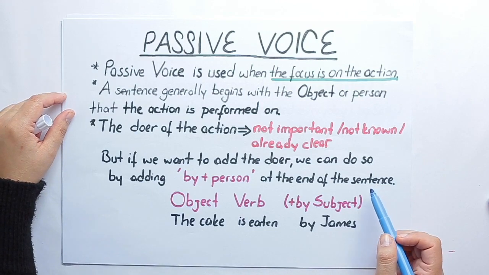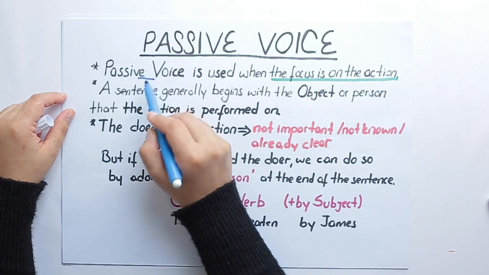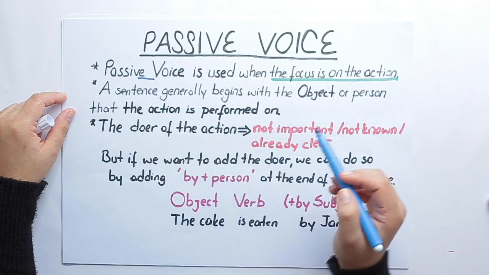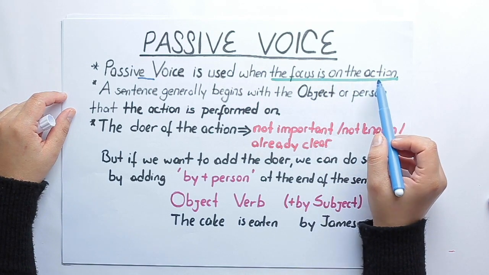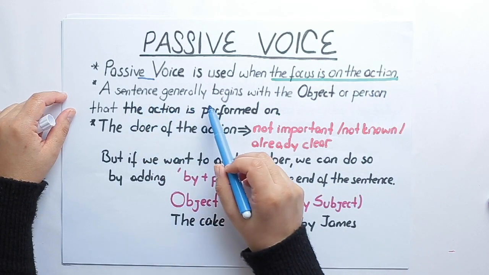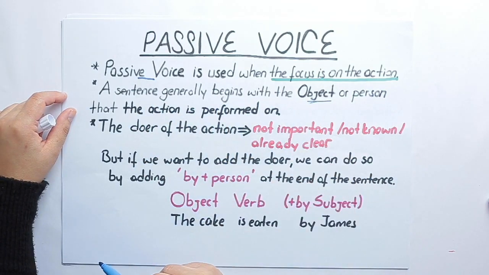When we move to what passive voice is, we see that passive voice is used when the focus is on the action. A sentence generally begins with the object or person that the action is performed on.